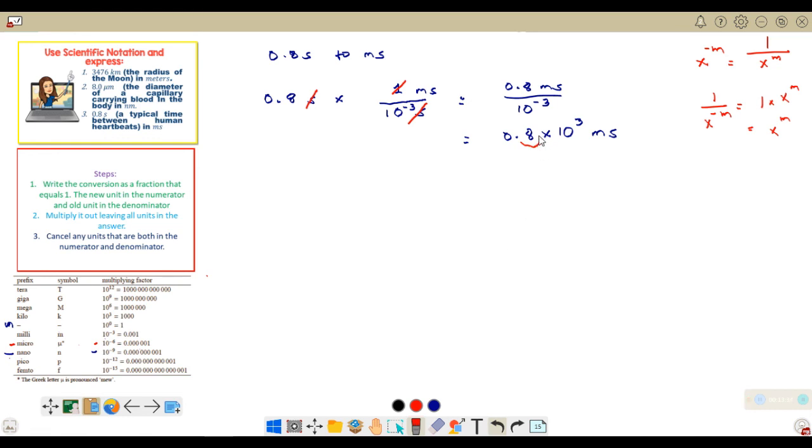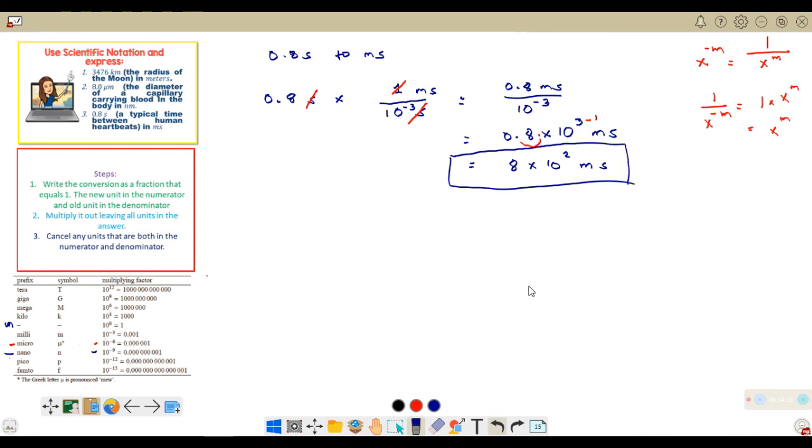So we have to move our decimal point 1 unit to the right. And if we have 1 movement to the right, then we have to subtract 1 from our power. We're going to have 8 times 10 raised to 2 milliseconds.